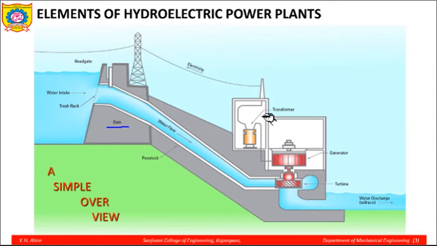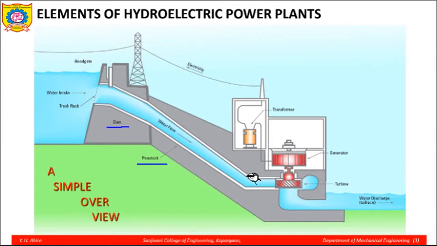Okay, and the place is called the powerhouse. So this is a powerhouse where the turbine and the generator are installed. The water from the dam flows down through the tunnels and also through the conduits, closed conduits. Conduit means a closed flow passage like a pipe. Okay, so here these conduits are called penstocks.